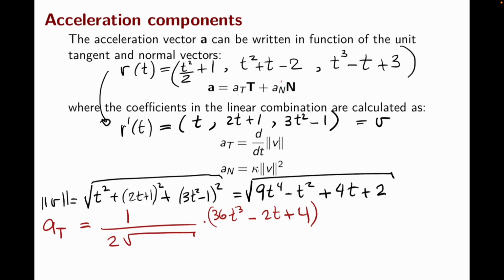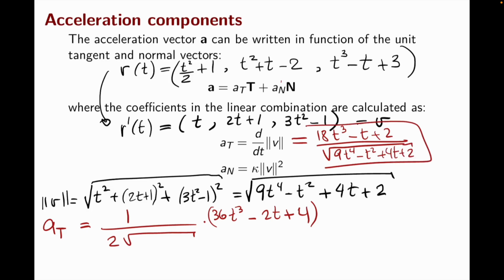And so simplifying, dividing everything by 2, we get that a(t) is equal to 18t cubed minus t plus 2, divided by the square root of 9t to the fourth minus t squared plus 4t plus 2. So this is then the component that will be multiplying the tangent vector.